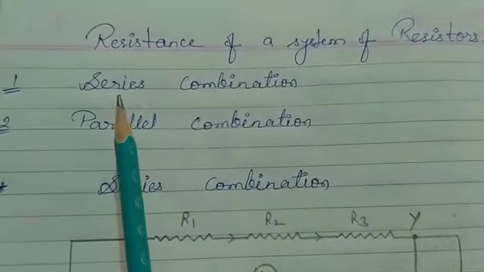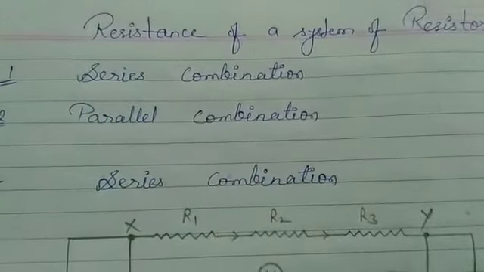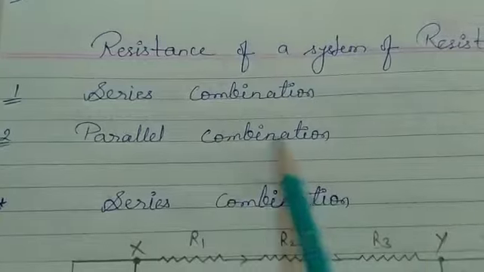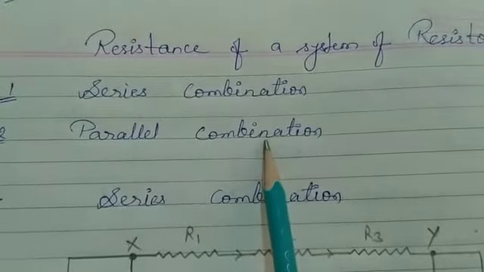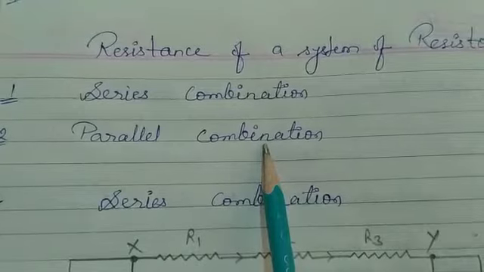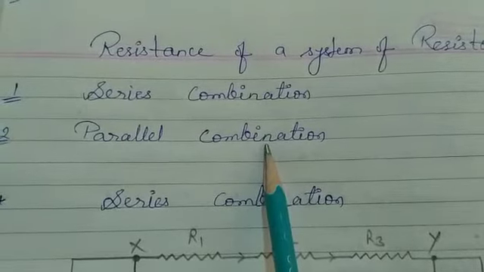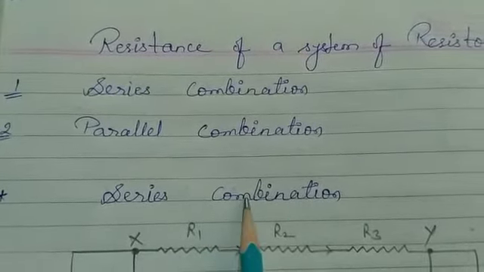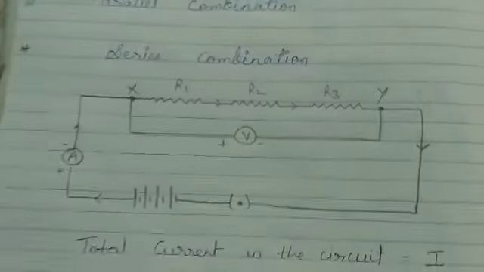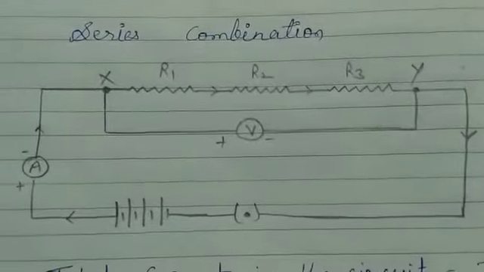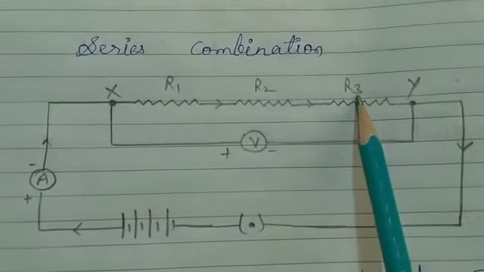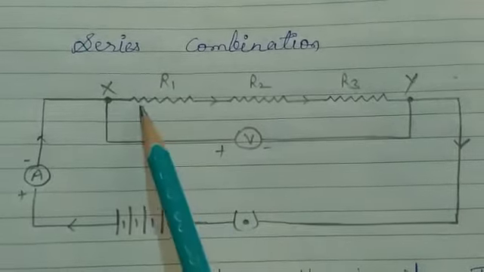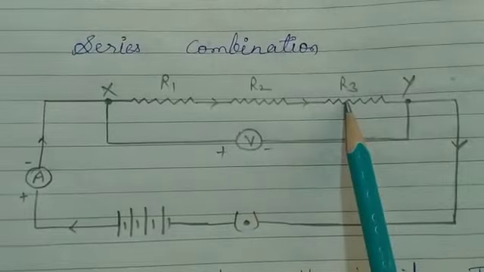Resistors are combined in two manners. The first one is series combination, the second one is parallel combination. Let us see first what is series combination. Here in this diagram you can see R1, R2 and R3. These are three resistors.